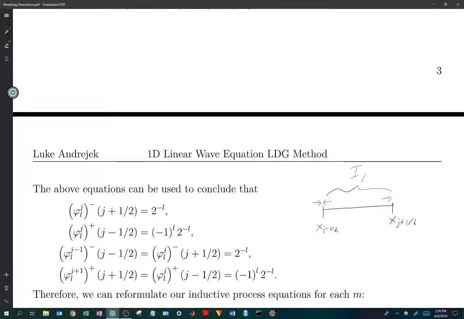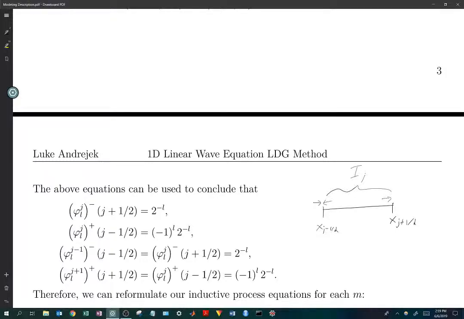However, these basis functions are translation invariant because you've got the same basis on each cell. And so evaluating phi Lj minus 1 from the left at xj minus 1/2, you're just taking this particular phi L and evaluating it at the right endpoint.